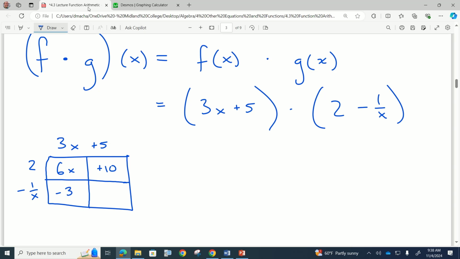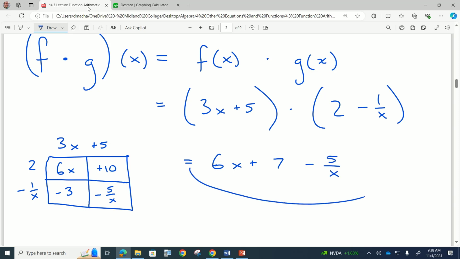And then negative 1 over x times 5 is negative 5 over x. So then I write 6x. Perfect. And that is a mixed form of a rational function, so that's something I would consider to be a simplified form. I would just probably make that be the answer on a multiple choice question.